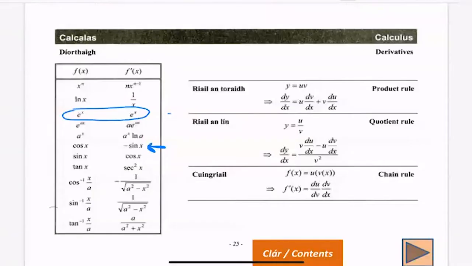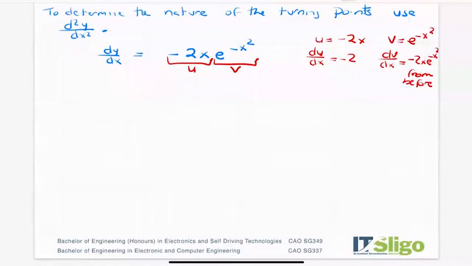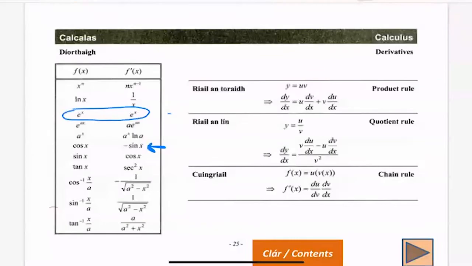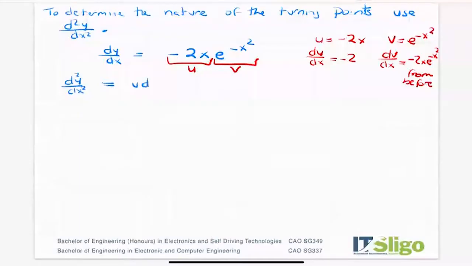So the product rule then, when we're multiplying 2 functions by each other, it's u times dv dx plus v times du dx. So d2y dx squared equals, u comes first, u times dv dx plus v times du dx, which is why I worked out these 4 little pieces over here.